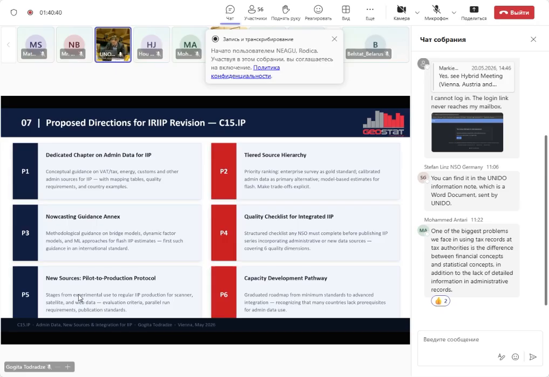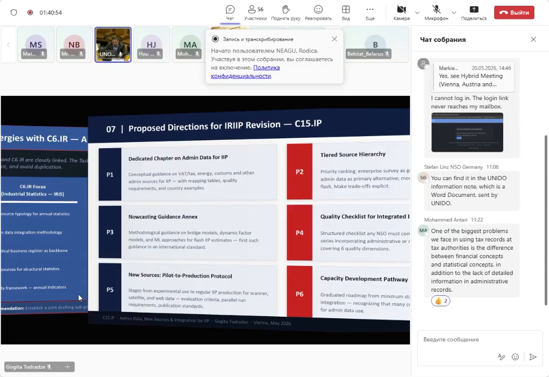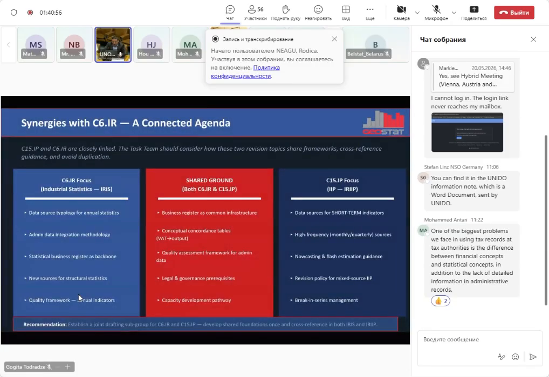And sixth, a graduated capacity development pathway, because IIP must serve all NSOs, not only the most advanced. And this is actually my last slide.